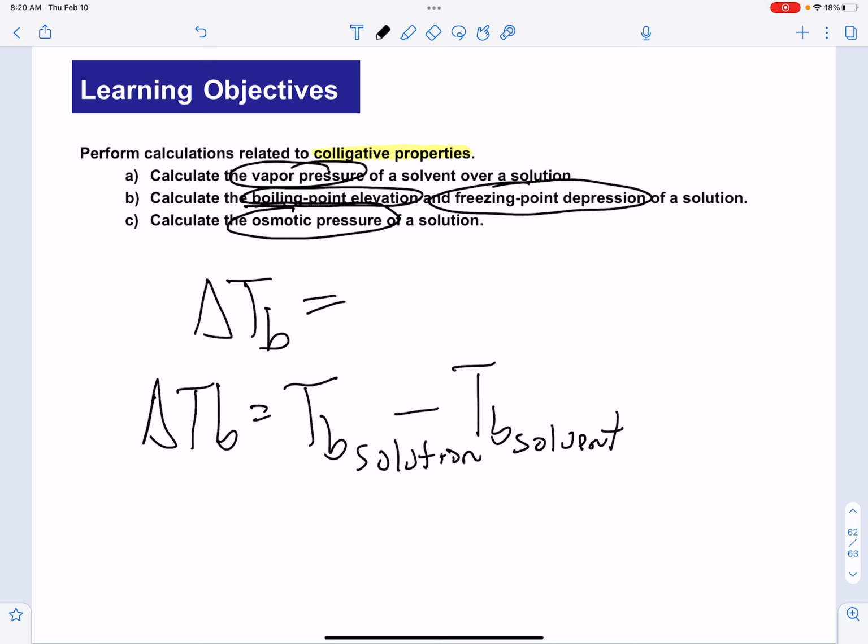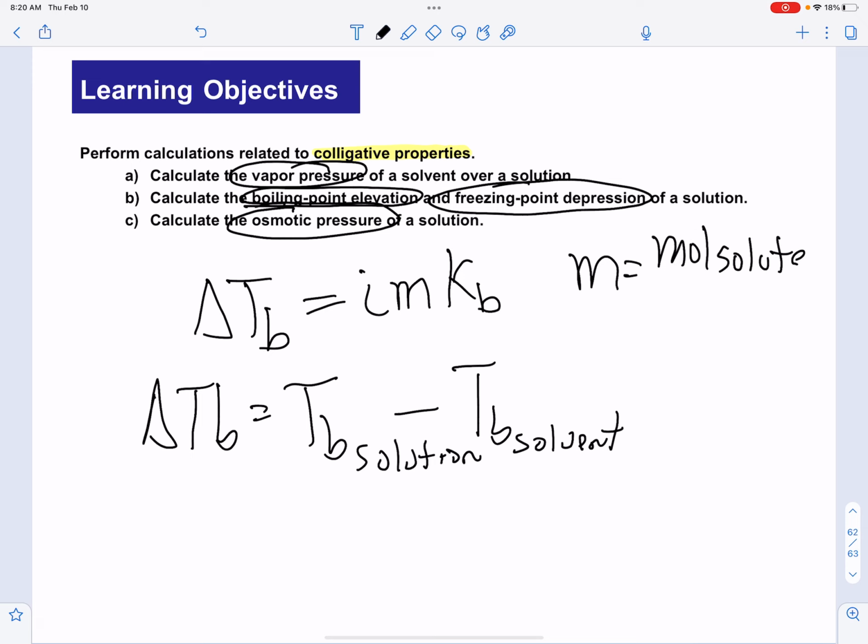And you don't have to memorize this formula. I will give it to you. You know that's the molality times the KB. And it wouldn't hurt to put the Van Hoff factor in there. If you're dealing with electrolytes, you should know what the Van Hoff factor means. And important to know that molality equals moles of the solute over the kilograms of the solvent.